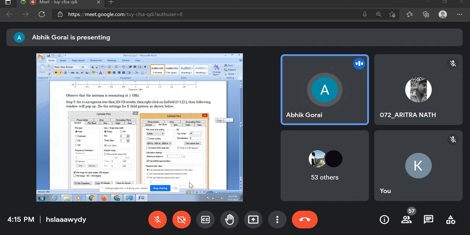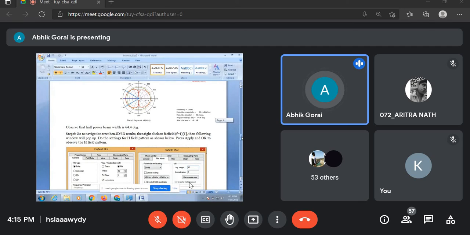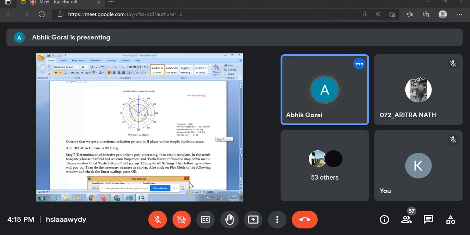What is most important and interesting is to see the far field. You will get a similar kind of radiation pattern, a figure of 8 kind of radiation pattern, but what is different is your directivity. In the H plane, we had an omnidirectional radiation pattern in the case of the dipole antenna. Here you can note one thing: in the H plane we do not have an omnidirectional radiation pattern, but we have a directional radiation pattern, right?